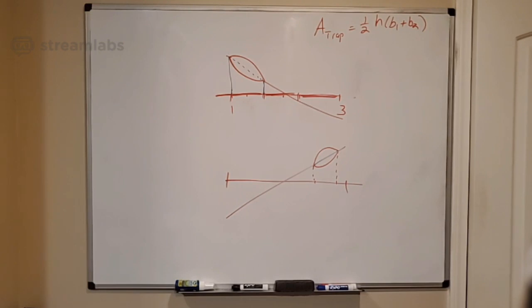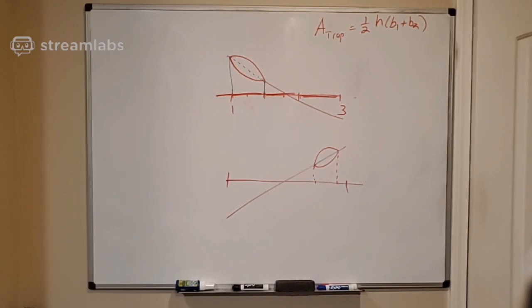For trapezoidal rule, overestimate or underestimate is determined by concavity, the second derivative. I'll repeat that again because people should be writing this down. For Riemann sums with rectangles, the first derivative, increasing or decreasing, tells you overestimate versus underestimate. For trapezoidal rule or trapezoids, the second derivative, concavity, tells you if it's an underestimate or an overestimate.